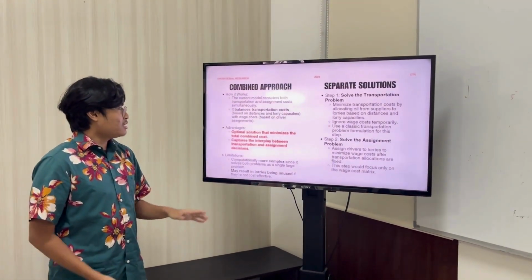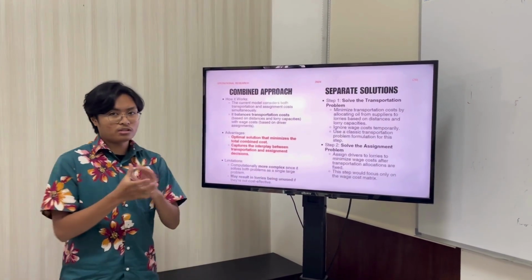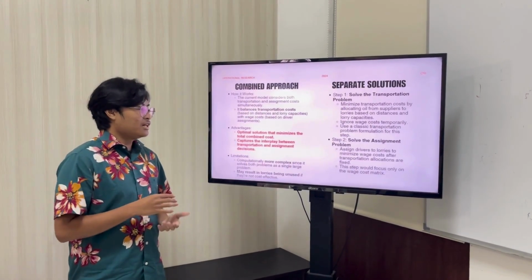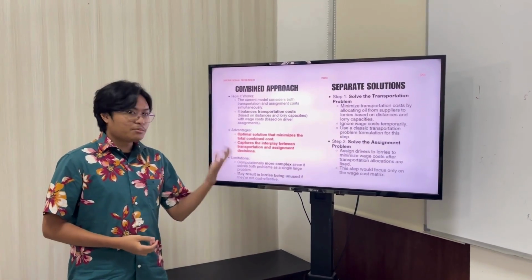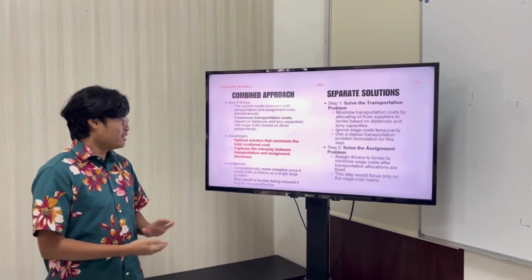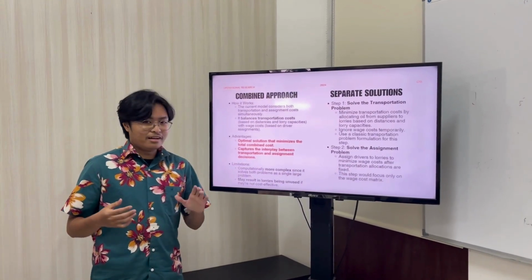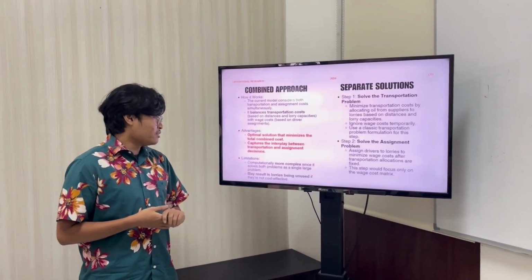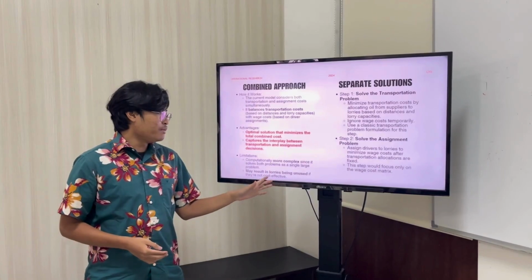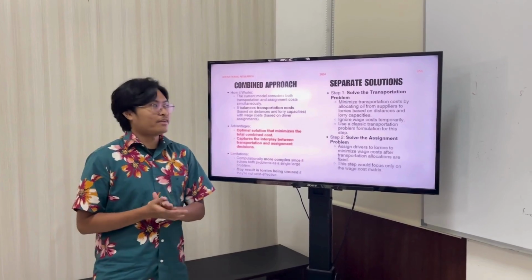For the advantage, it is an optimal solution that minimizes the total combined cost. It captures the interplay between the transportation and assignment. But it comes with limitations. It is more complex since it solves both problems simultaneously, and it will also result in lorries being unused if it is determined not cost effective.